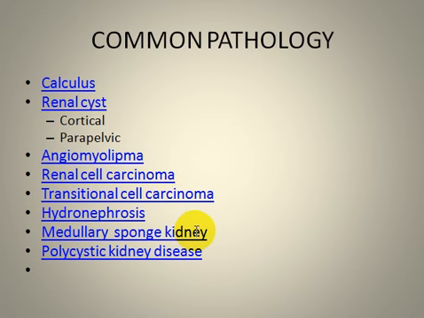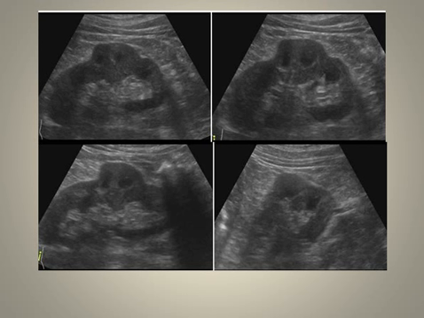We can see hydronephrosis, and we can see medullary sponge kidney and polycystic kidney disease. I will show you some of the examples of these conditions and some of the pitfalls.